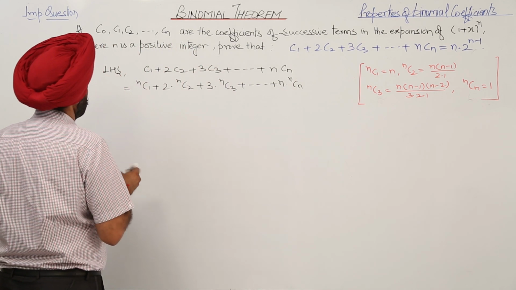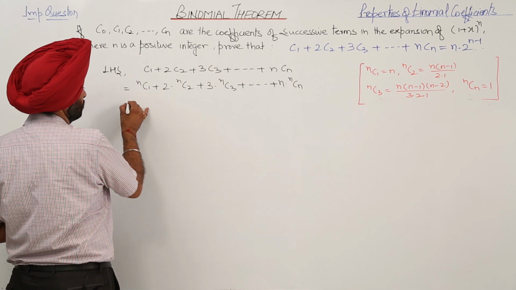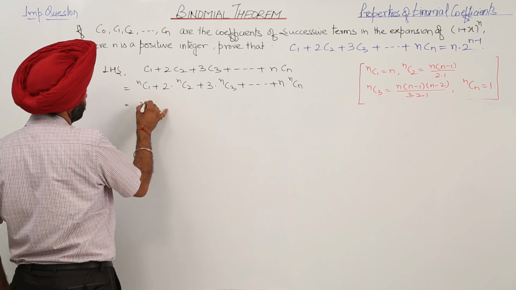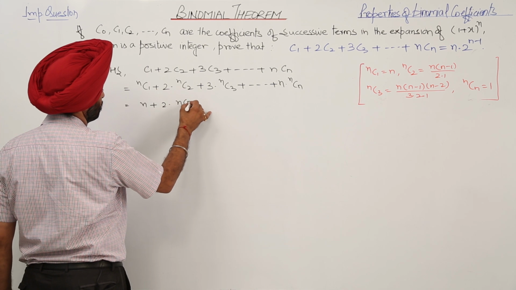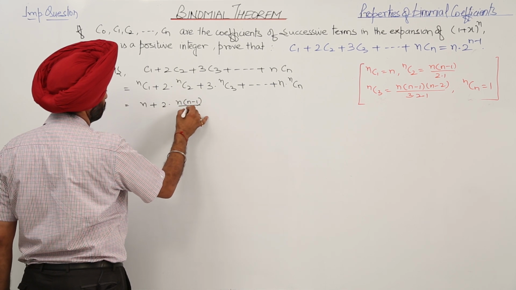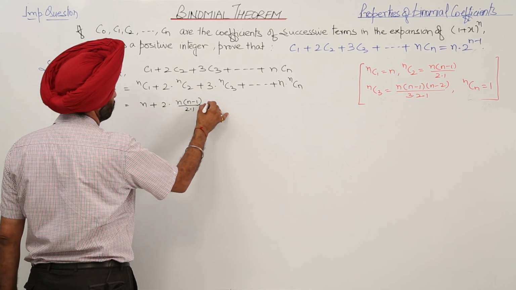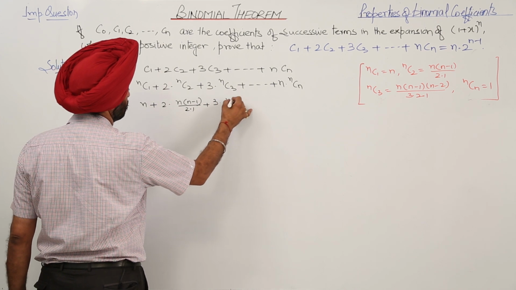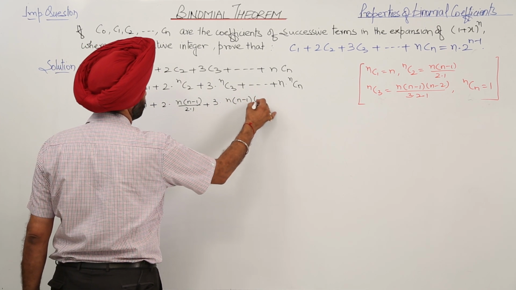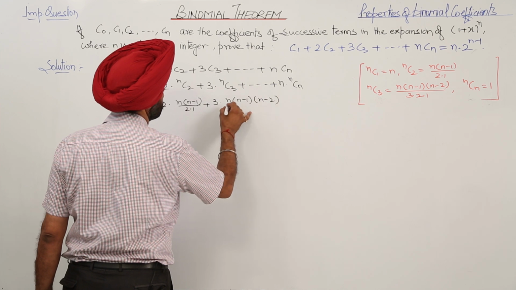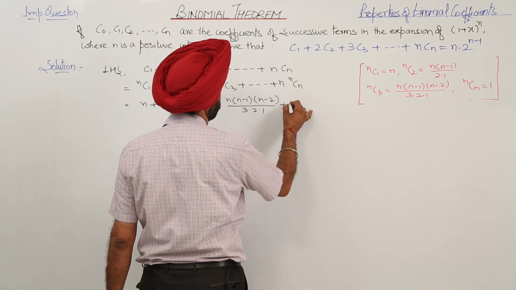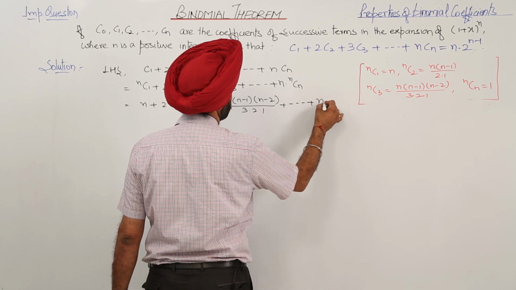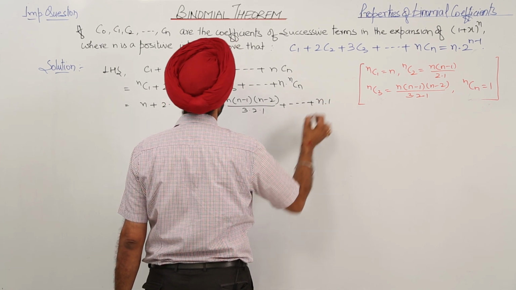Now, the sum becomes n plus 2 times n(n minus 1) upon 2, plus 3 times n(n minus 1)(n minus 2) upon 3 times 2 times 1, plus n times 1.